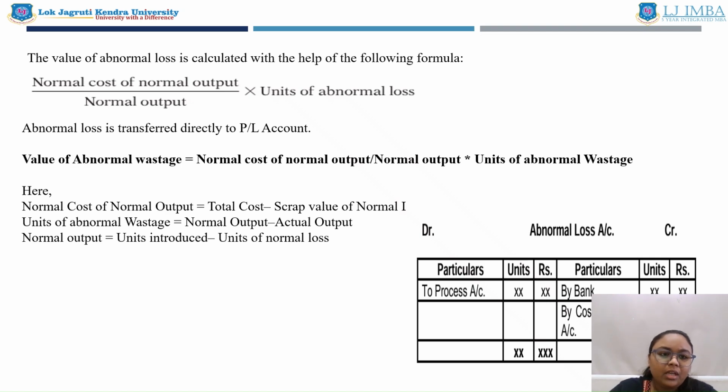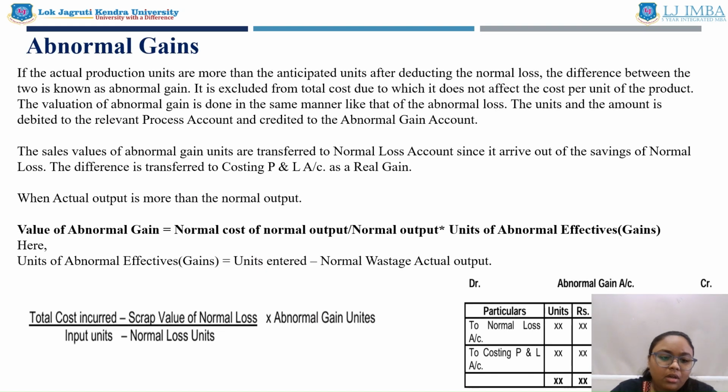Further, that was about abnormal loss. Now we'll be discussing abnormal gain. See, it is not compulsory that in every process you will have loss, right? In some process you might have some profit. Then in such scenarios, the effect will be totally opposite to how you do it for abnormal loss.